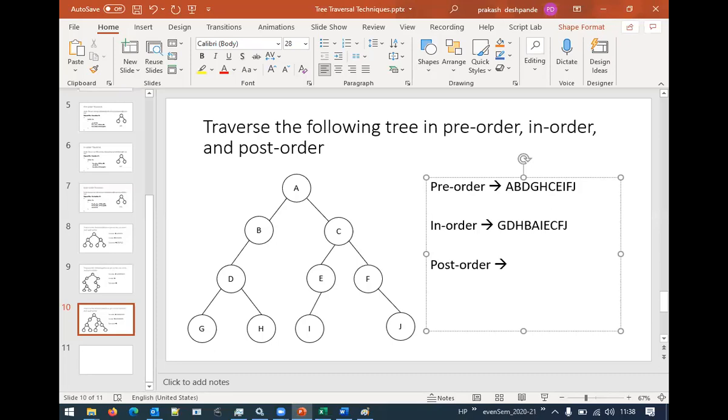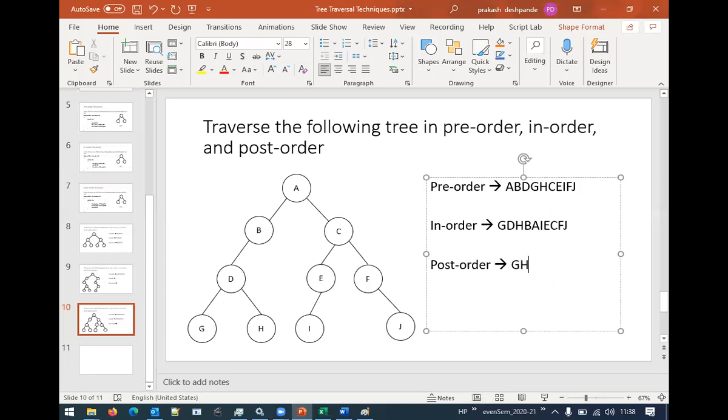Is this correct? Did you get the same answer, students? Online students? Yes, sir. Okay. What about post order?